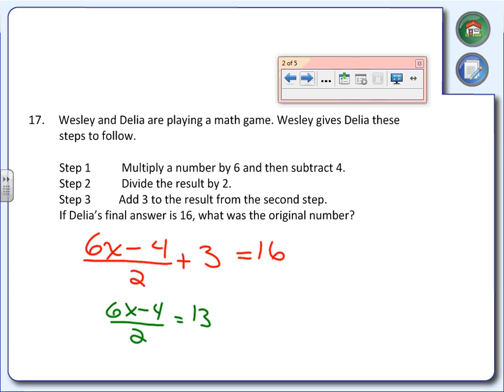Then I need to get rid of this 2 down at the bottom. Since they're dividing by 2, the opposite of dividing by 2 is to multiply by 2. So I'm going to multiply both sides by 2, which is going to leave me with 6x minus 4 equals 13 times 2, which is 26.